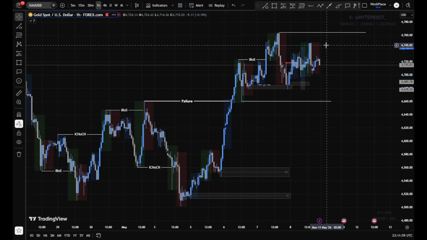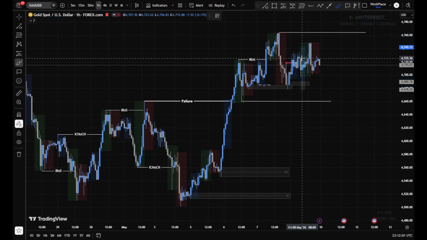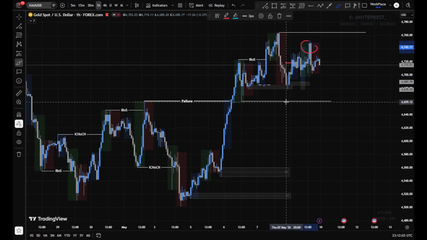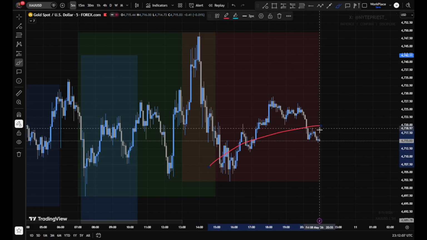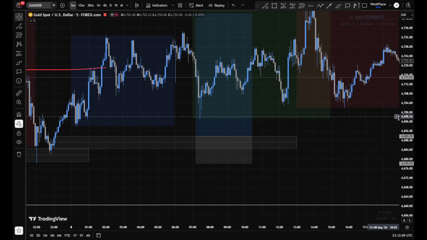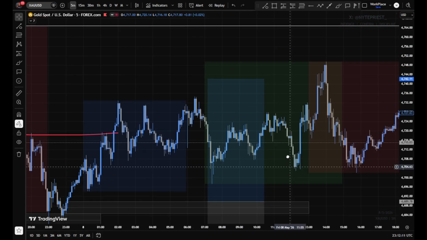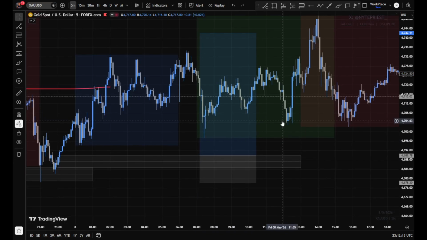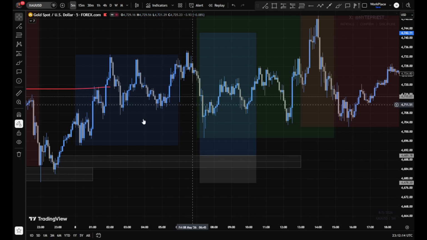Okay, as it has already given a reaction to the price here. All right, so I was waiting for price to give a deeper pullback to this zone, and then I buy to the upside.